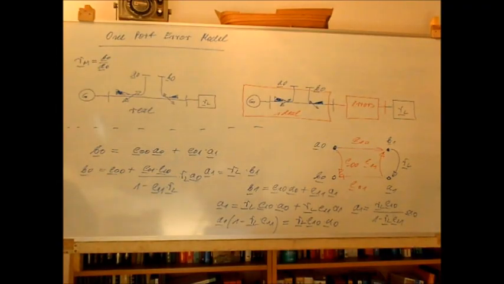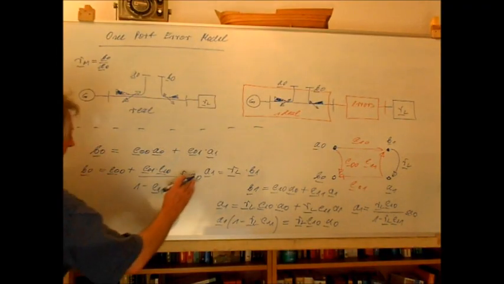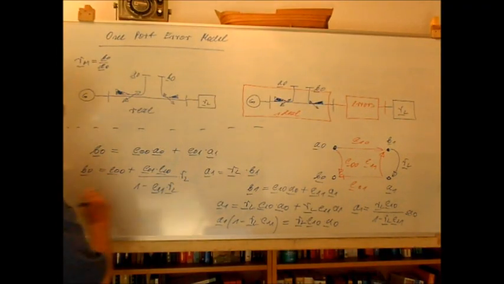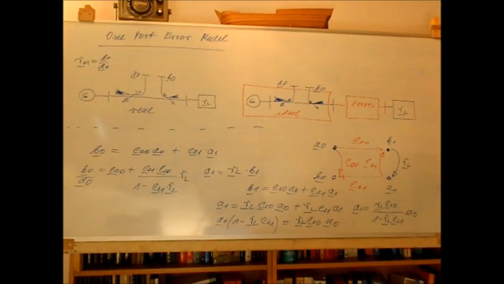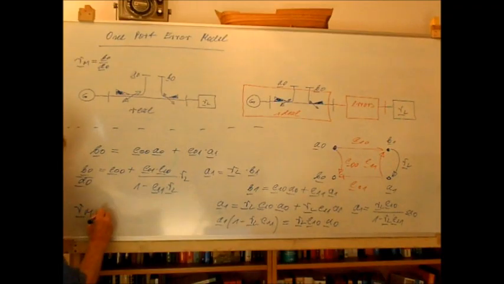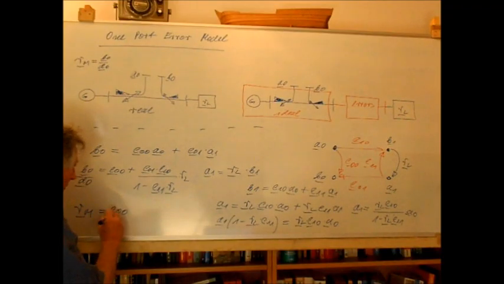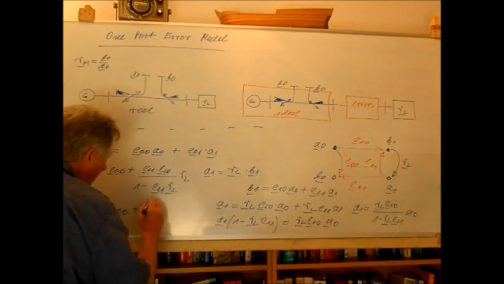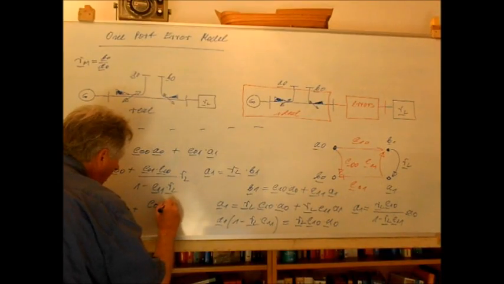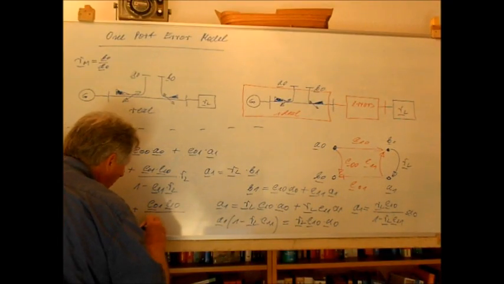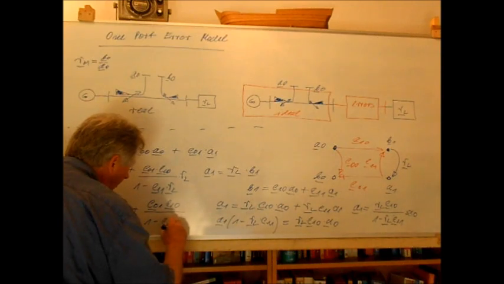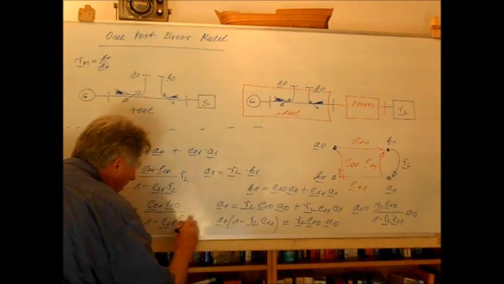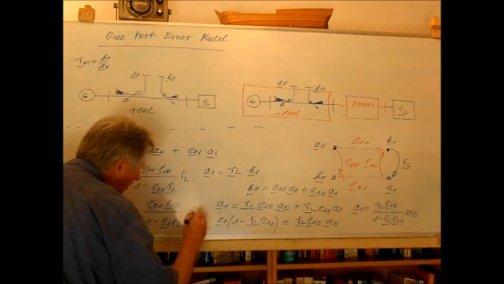So for the measured reflection coefficient, this is B0 over A0, and we get for the measured reflection coefficient E00 plus E10 times E01 times RL divided by 1 minus E11 times RL.